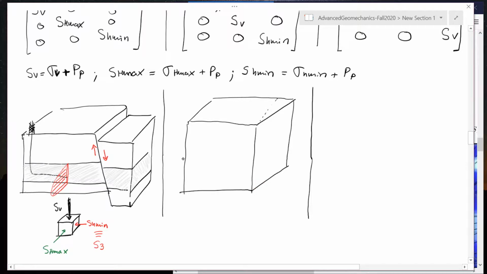All right, so our formation is going to be somewhere over here. Let me delete this. And I'm going to make this one slide like this.